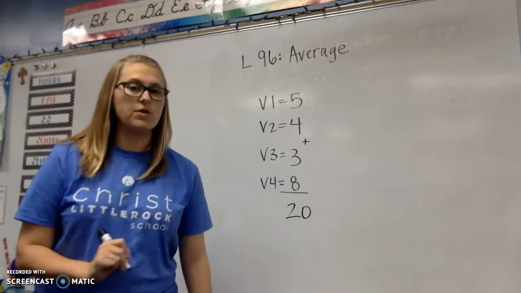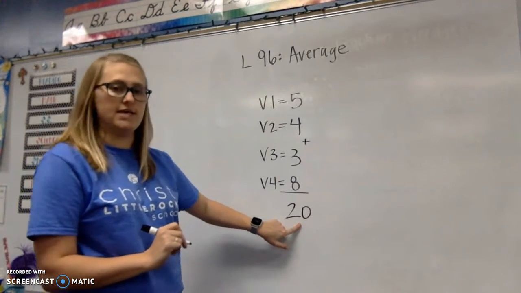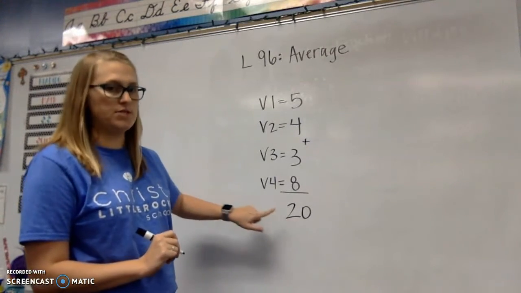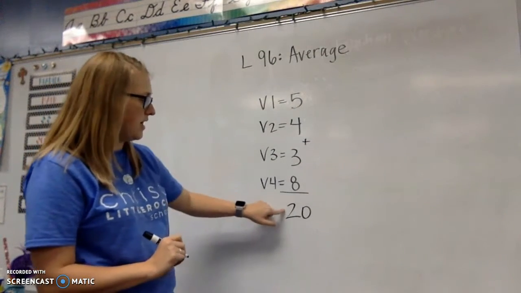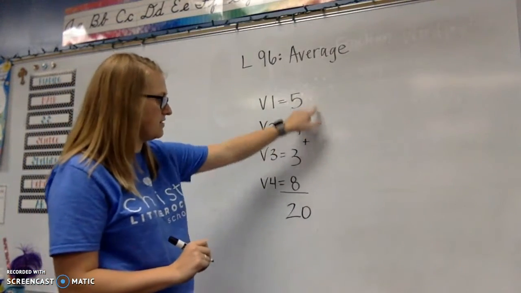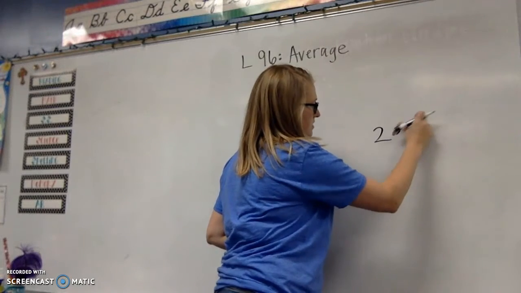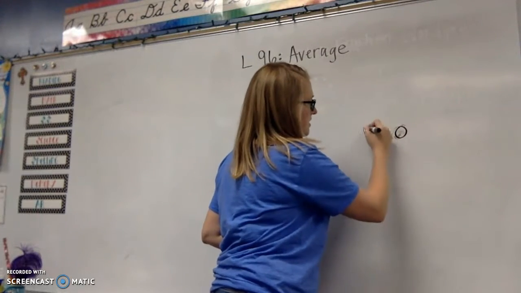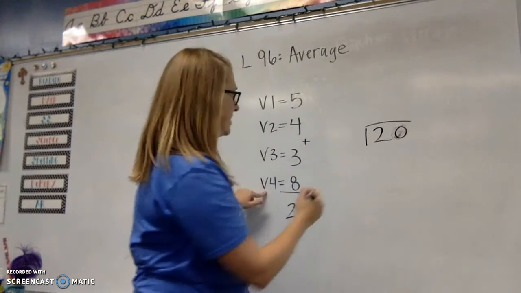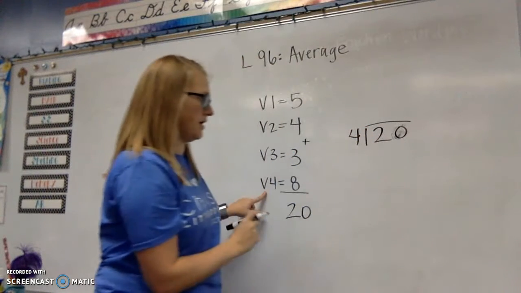Now, if we were going to split up these 20 kids evenly between all 4 vans, I would take my number, I've added them all together. Now I'm going to divide, not 28, 20, and I'm going to divide by the number of vans, which was 4. Okay?